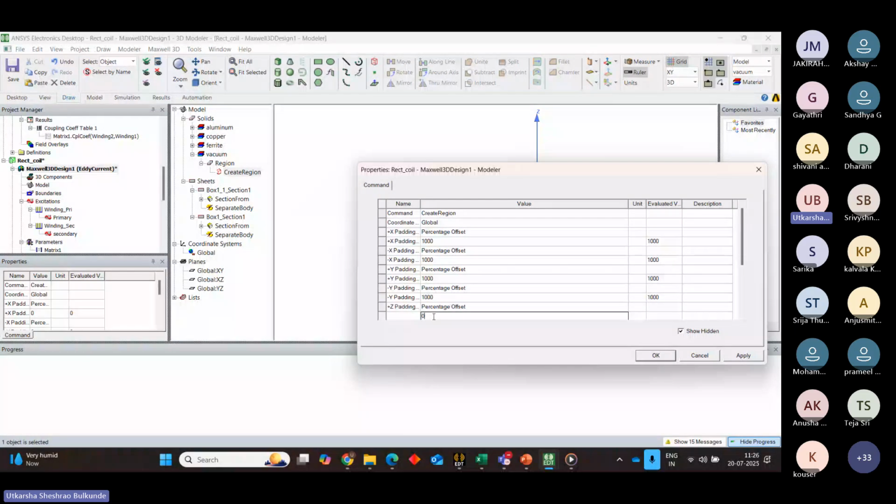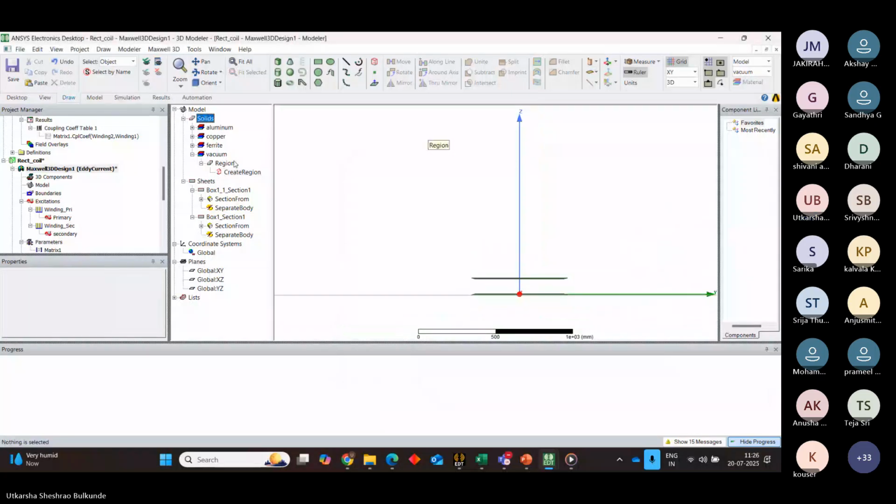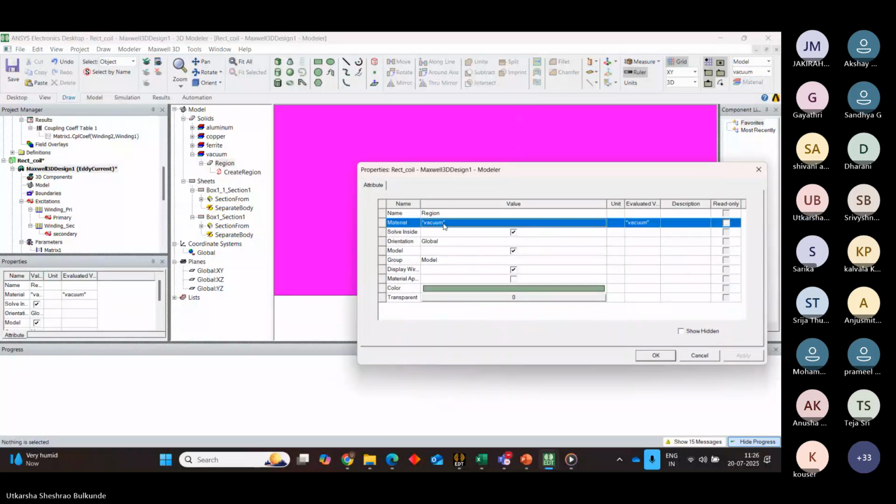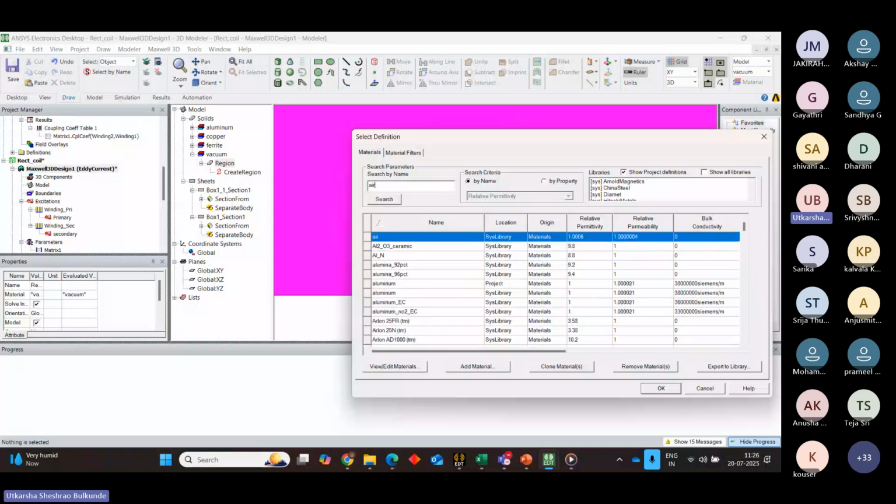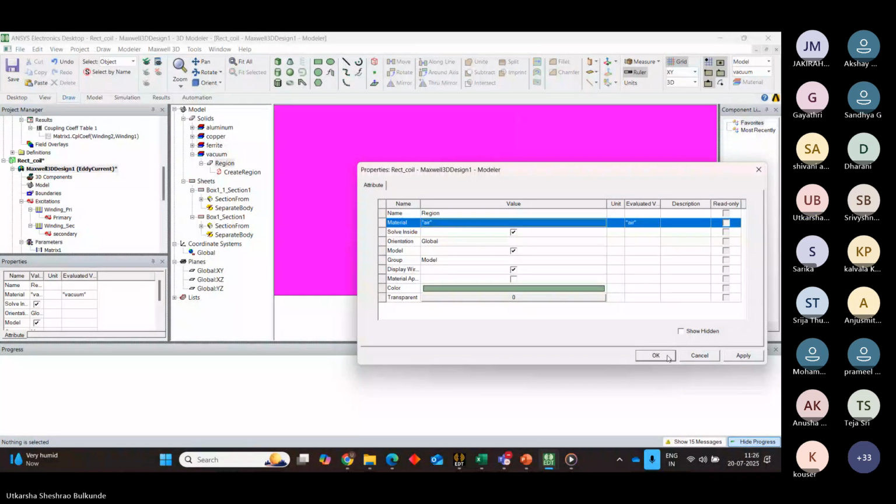Still, I have not understood that I have not given region. I'm so sorry for that. So now you got the importance of giving region. Okay.